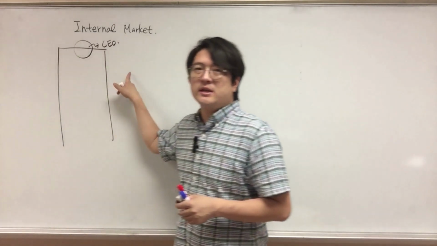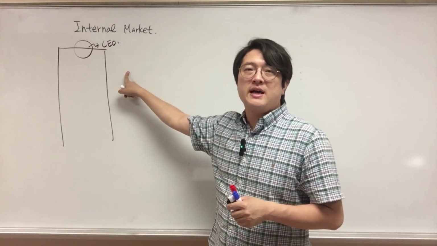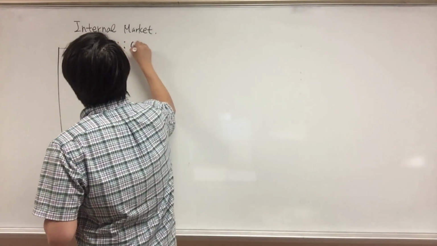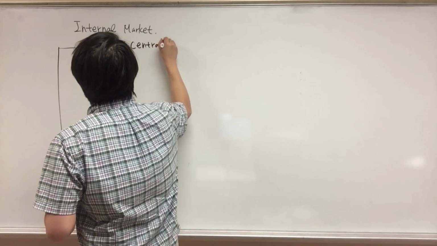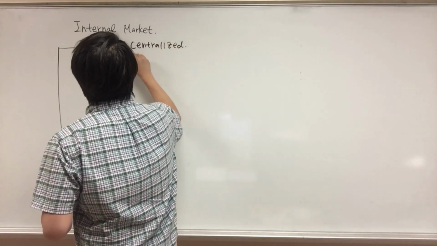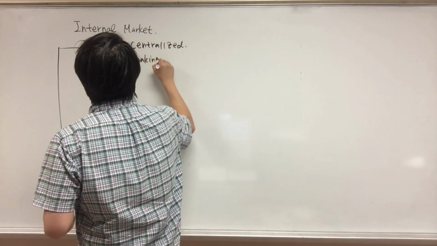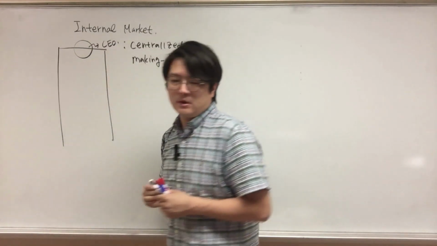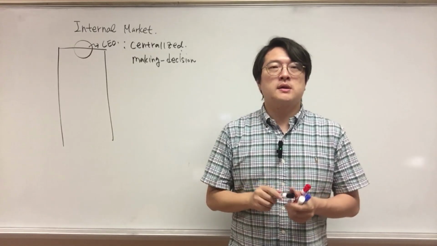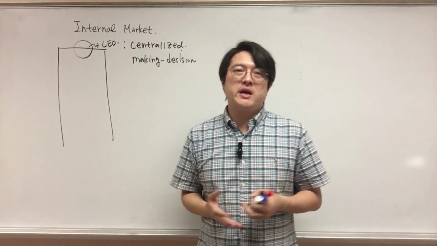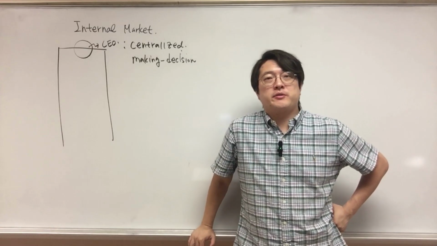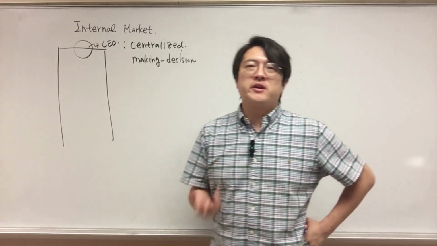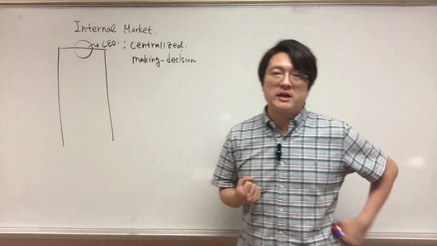So the CEO usually makes centralized decisions in the company, right? But this is the major obstacle to voluntary resource allocation.